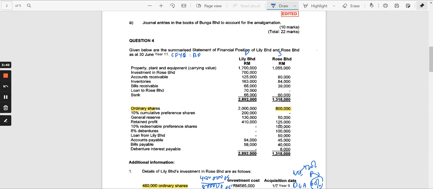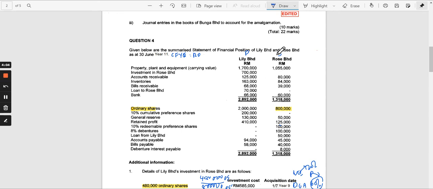If this happens, what you need to do is a consolidated financial statement. Here we start with the consolidated statement of financial position. You are going to combine the assets and liabilities of the subsidiary together with the equity of the parent.